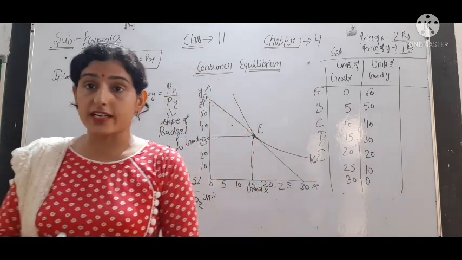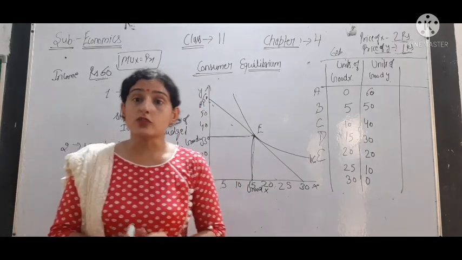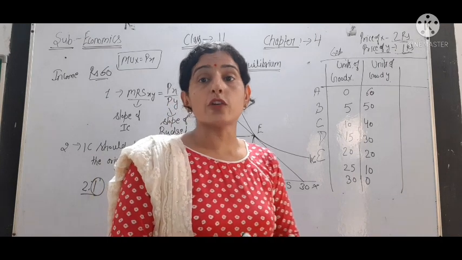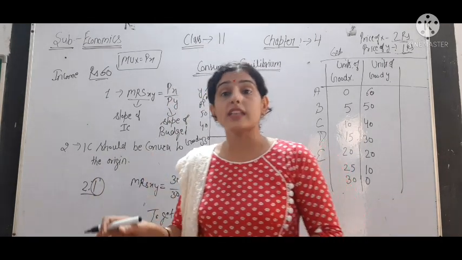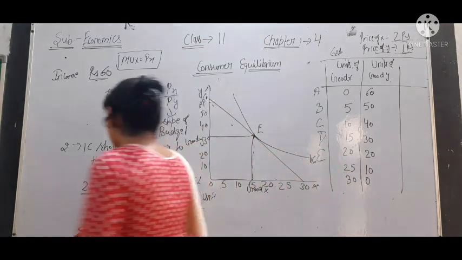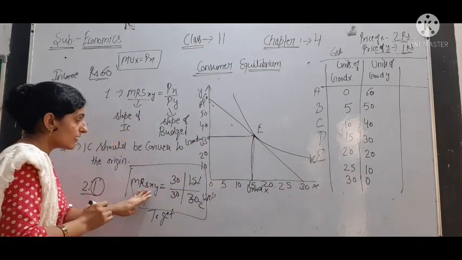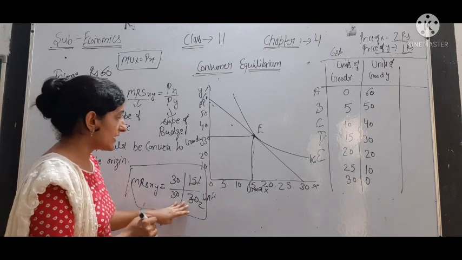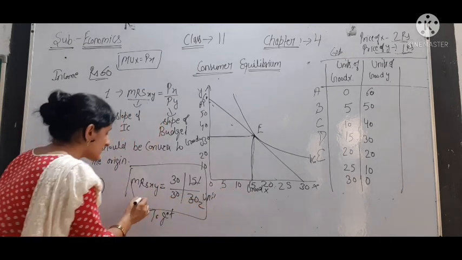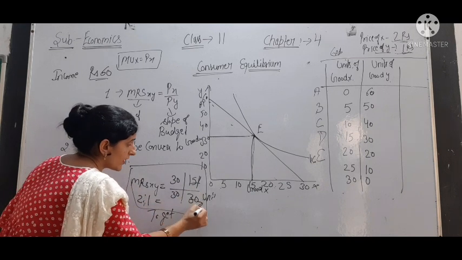MRS means marginal rate of substitution, and it tells that when a consumer wants to consume more units of good X, then he has to sacrifice units of good Y. Okay. So here we can say the ratio is equal, means the consumer is sacrificing 2 units. So MRS can be 2:1, and here also we can say 1/2.